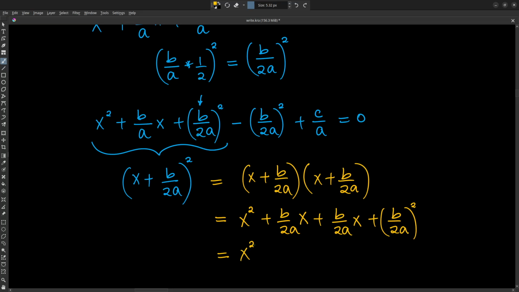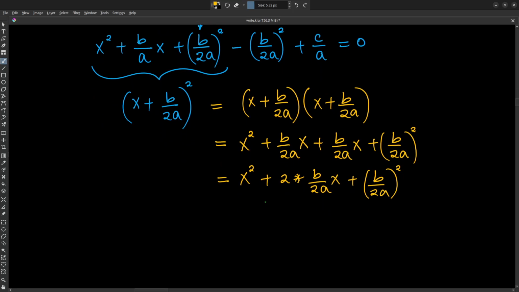So what does this give us? This is x squared plus b out of 2a times x plus b out of 2a times x. So you see we are adding the same term twice, so that is just like taking 2 times one of the terms: 2 times b out of 2a times x, plus b out of 2a squared. So by 2 here we get 1, by 2 here we remain with a.